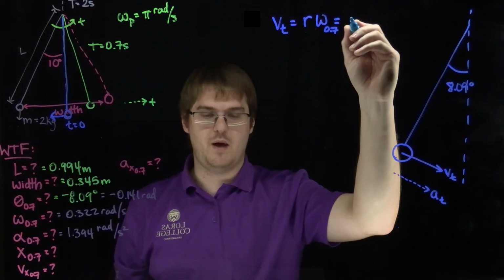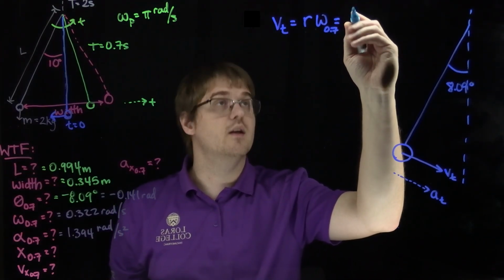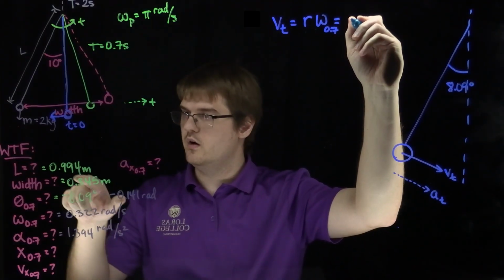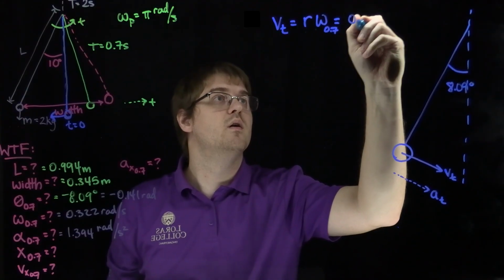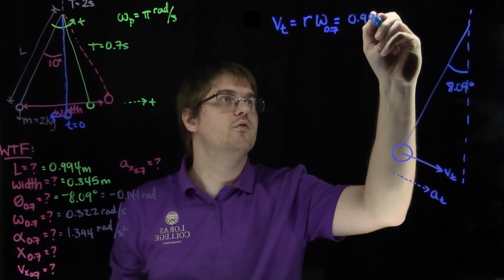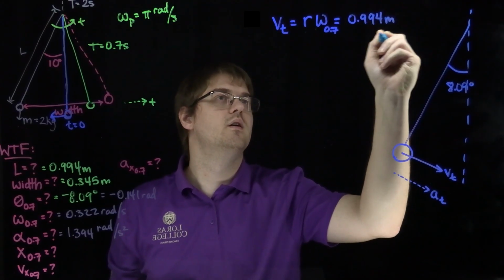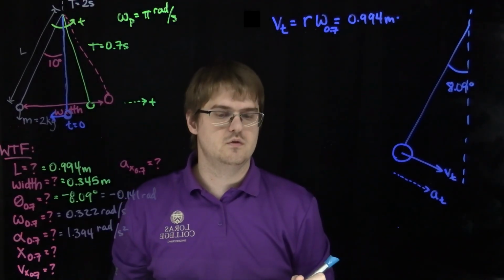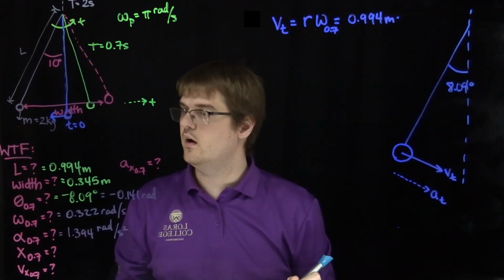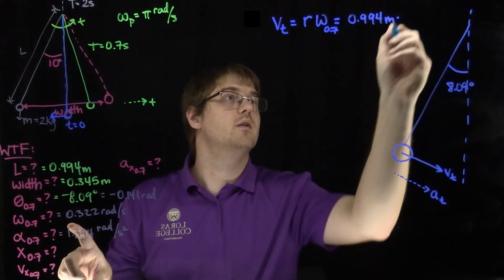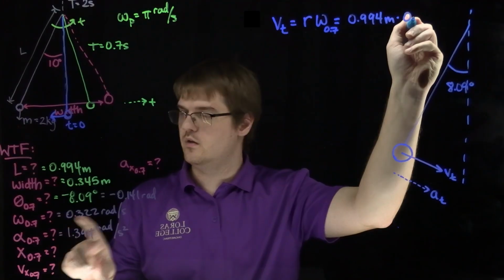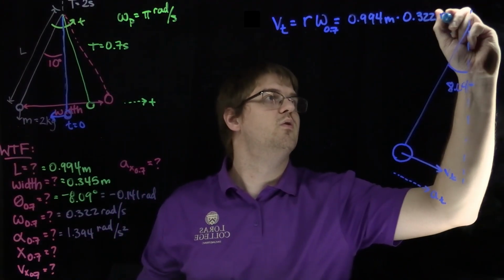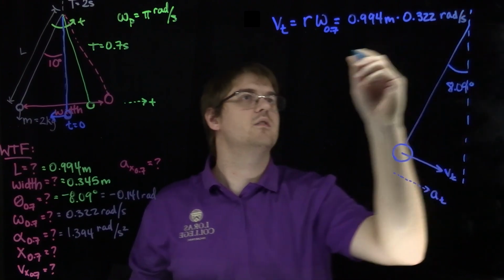So we have my radius, 0.994 meters, times my omega, 0.322 radians per second.